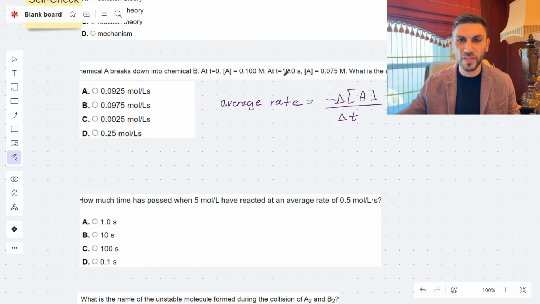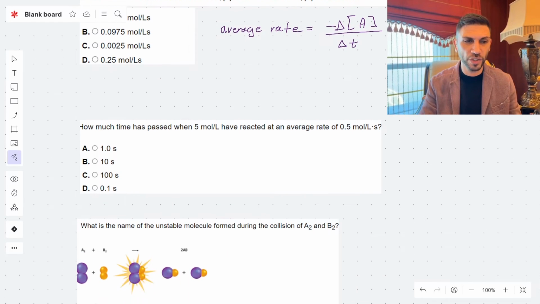This is the T final, and this is the T initial. You calculate it and you will find the average rate of this chemical reaction.